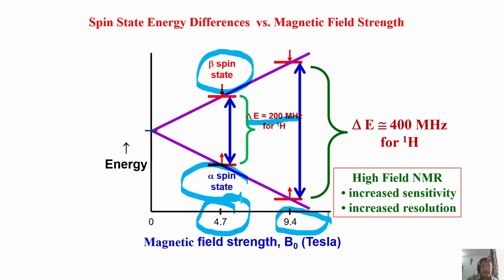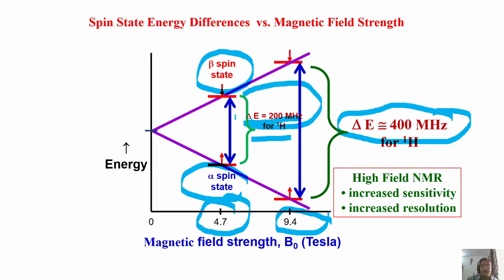At the two places we saw, the energy level exactly gets doubled, and this is the resonating frequency, which is 400 megahertz, which was 200 here. When you change the magnetic field from 4.7 to 9.4, the resonating frequency from 200 megahertz became 400 megahertz for protons. So what do you understand from this?